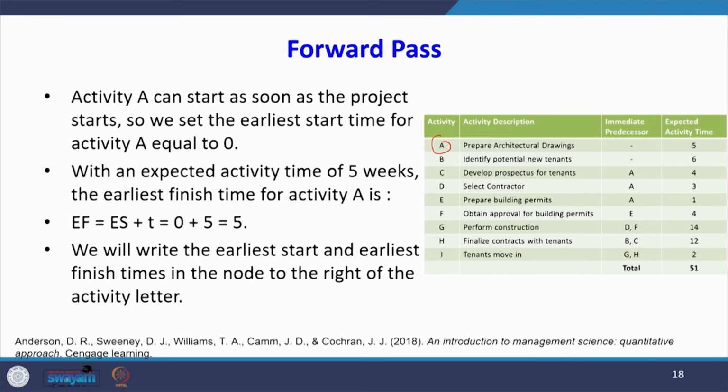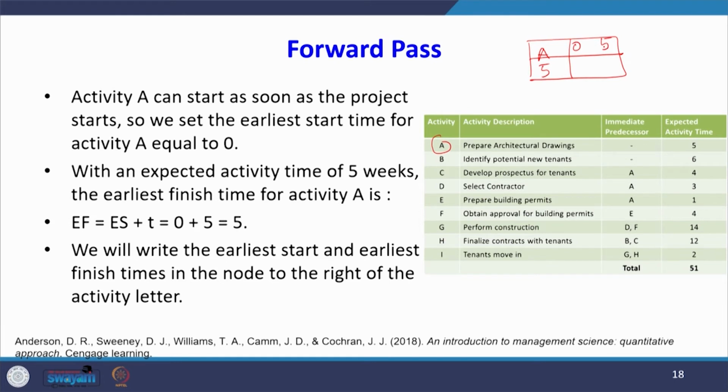So, we set the earliest start time for that activity equal to 0, and the earliest finishing time is 5. How did I get 5? 0 plus 5 equals 5.